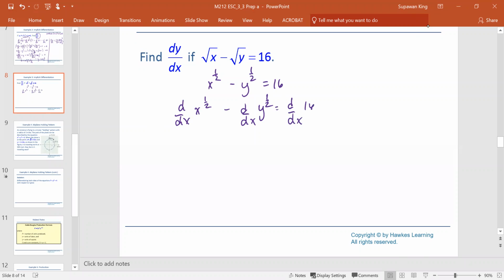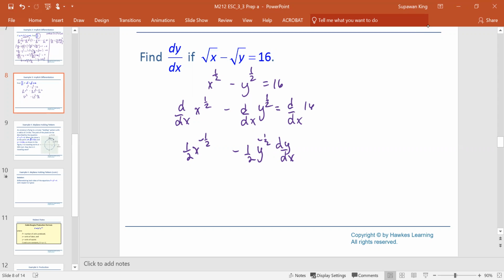The derivative of x to the power 1/2 with respect to x is 1/2 x to the negative 1/2. And for the second term, we get 1/2 y to the negative 1/2. And don't forget to multiply by dy by dx, because this one needs the chain rule, since y is some kind of function in x that we do not have to solve for.